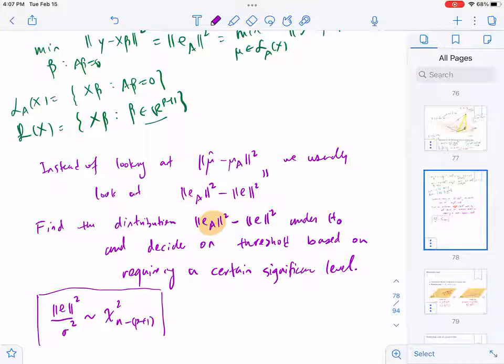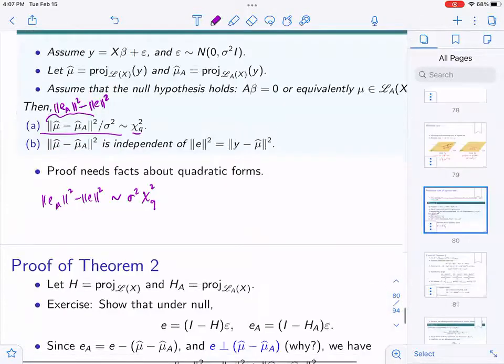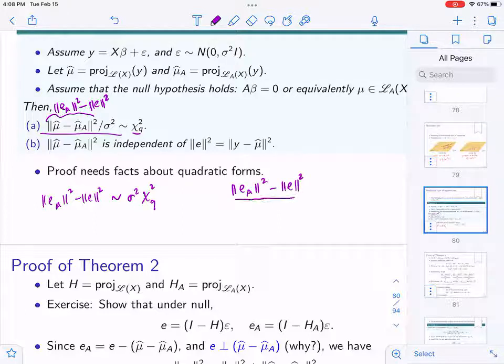I'm giving you a theorem that tells you the distribution, but the distribution depends on the unknown parameter sigma squared. Unbiased estimator, yeah. So a natural thing would be to divide this guy by, let's say, s squared.